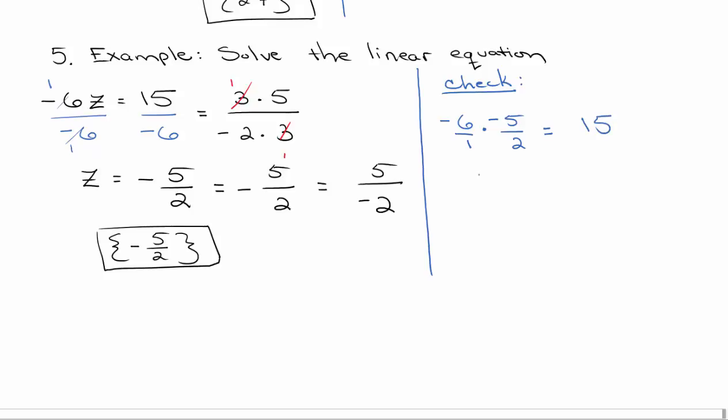-6 times -5 is going to give me +30, and 1 times 2 is 2. 30 divided by 2 is 15. 15 is equal to 15 is a true statement, so yes, -5/2 is my solution for this particular equation. Let's do one more example.